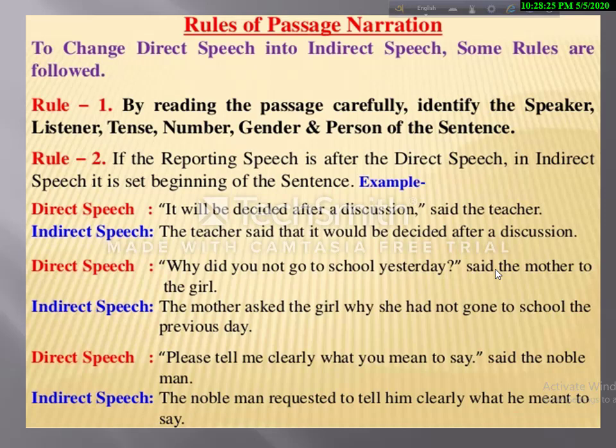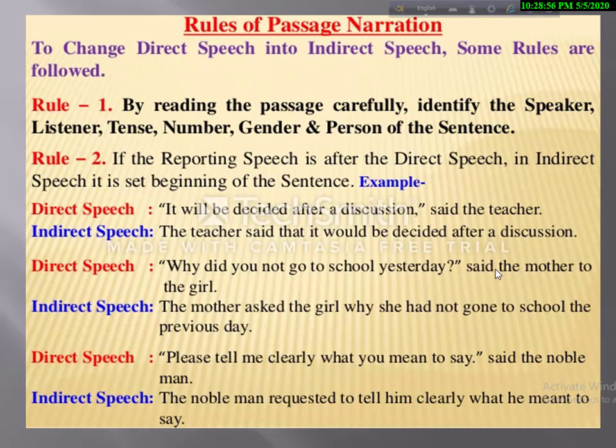At the same time, you will have to mark the tenses very well, and the number, gender, and person of the sentences, because these are the basic things that will be changed. That is why after reading the passage very carefully you will have to identify these things.